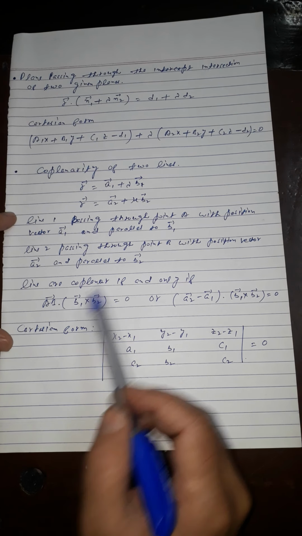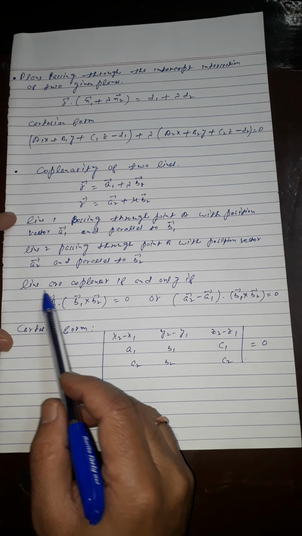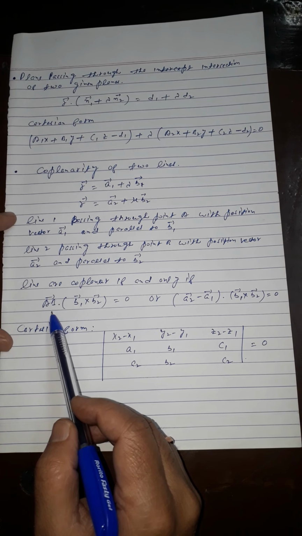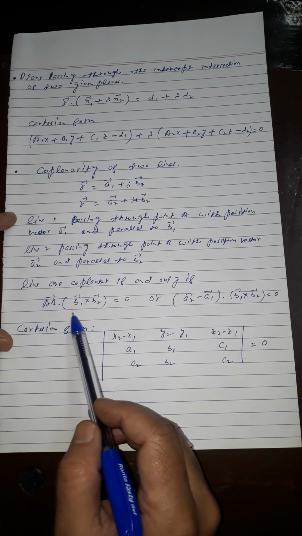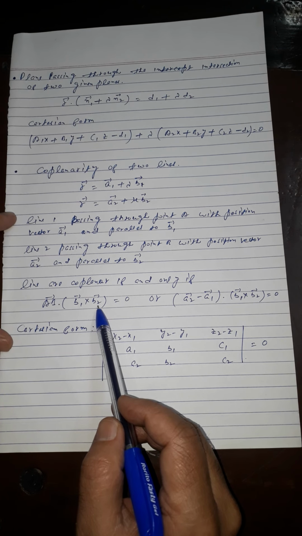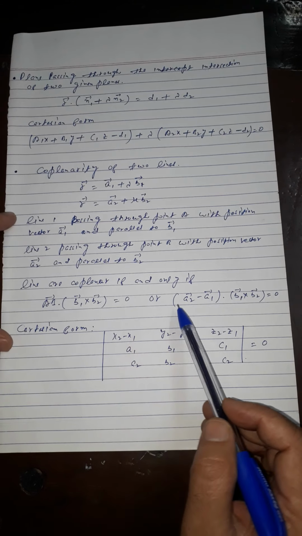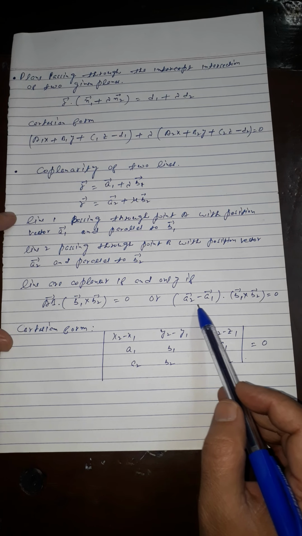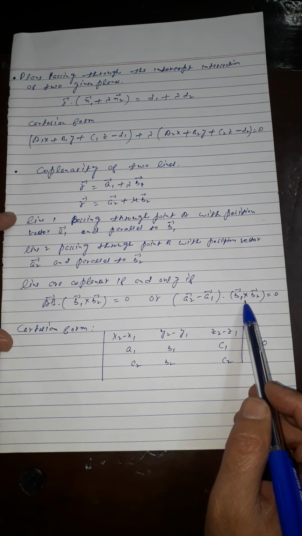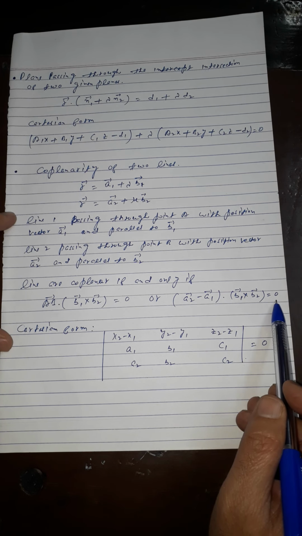Then, students, the lines are coplanar if and only if this condition holds: AB dot the cross product of b1 vector and b2 vector is equal to 0, or a2 vector minus a1 vector dot the cross product of b1 and b2 is equal to 0.